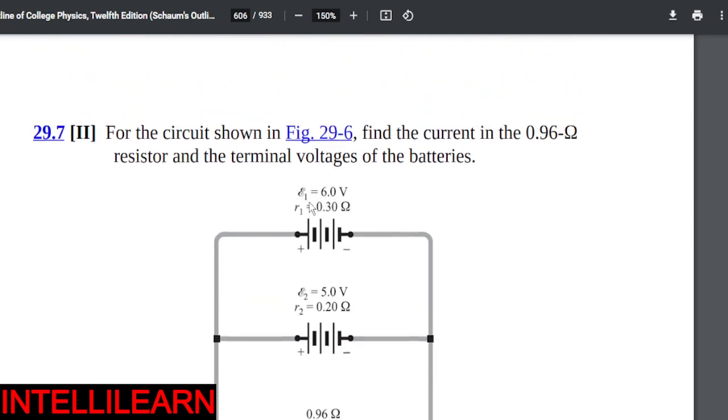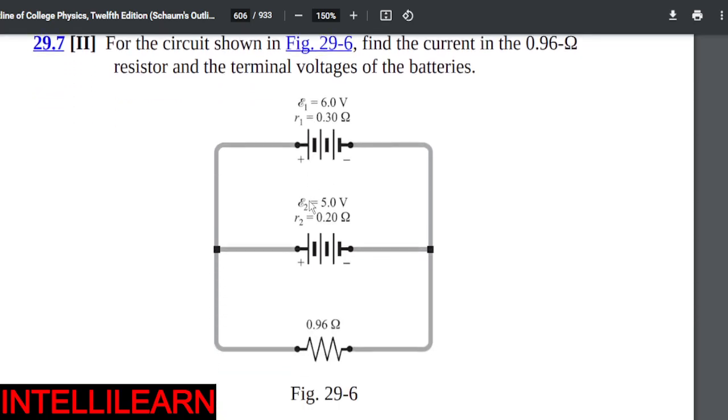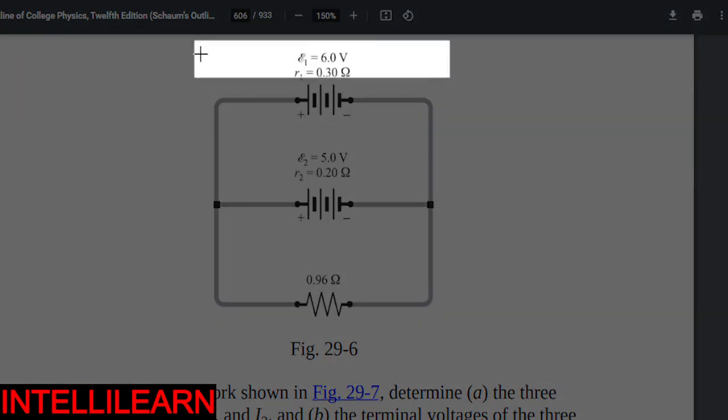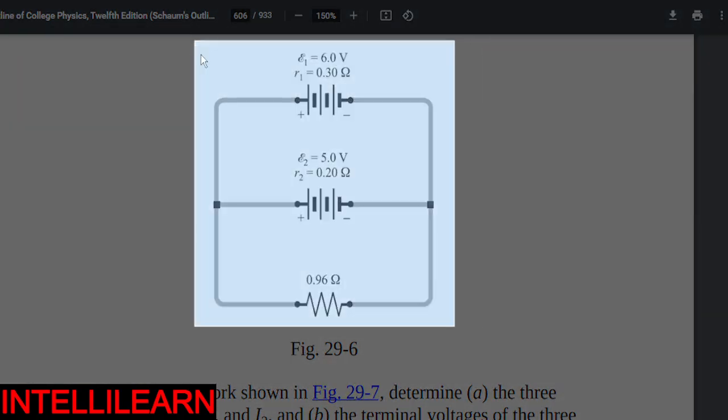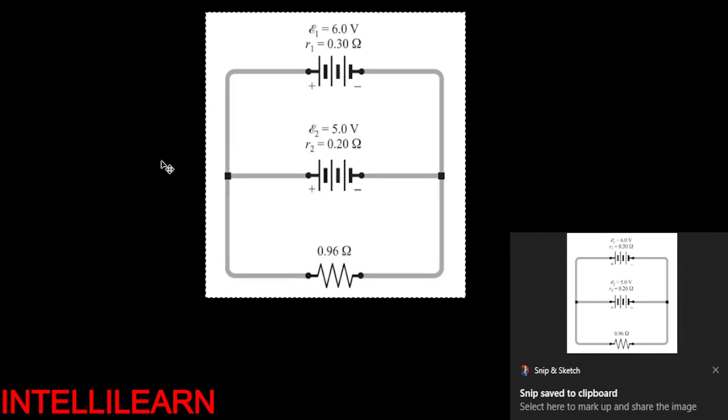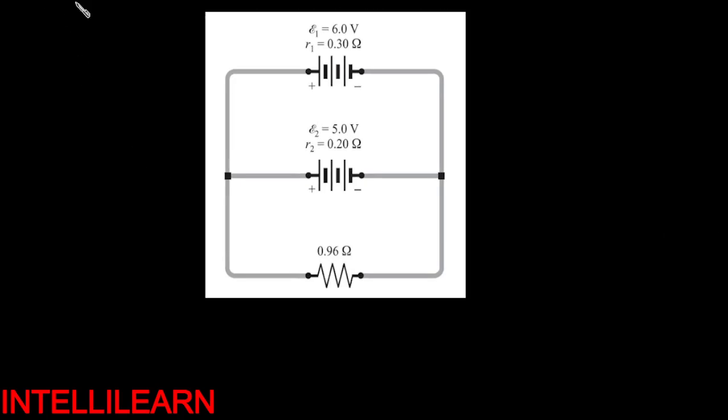Let me use my calculator for this. So everything here is just 2 loops. There are not 3 loops. If it's 3 loops, it will still work the same way. Loop 1, loop 2.